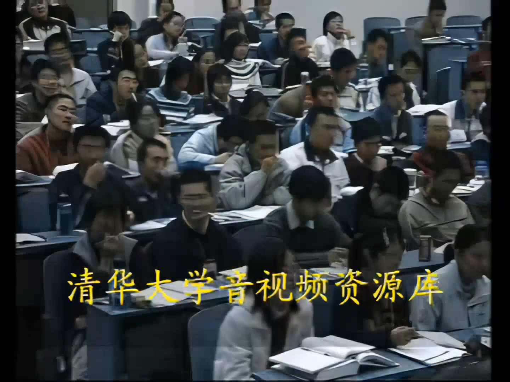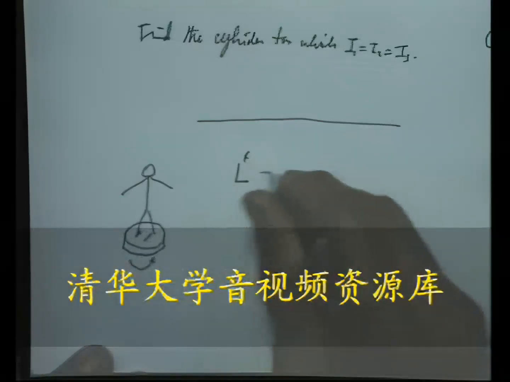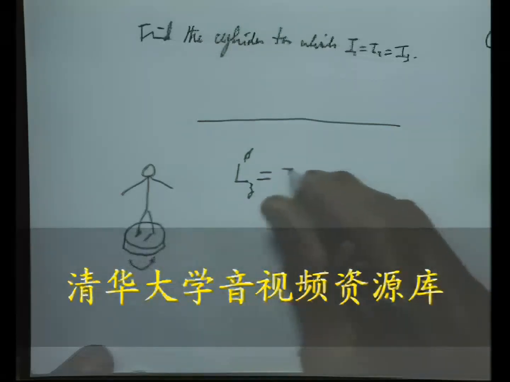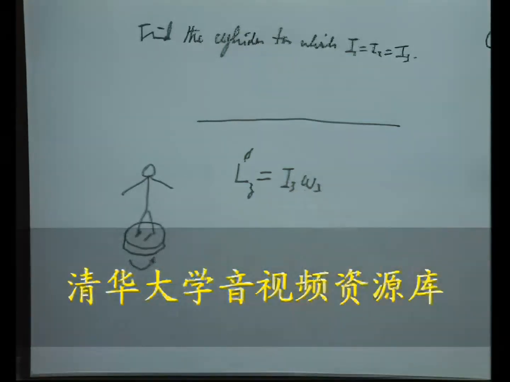So her angular momentum in the z direction is equal to I, the moment of inertia in the z direction, times omega in the z direction.